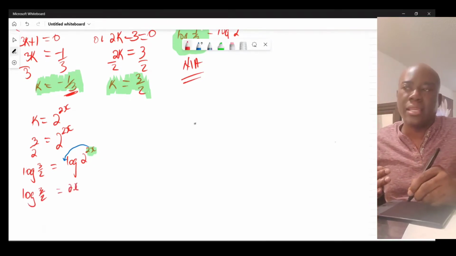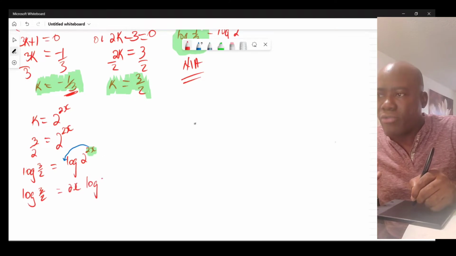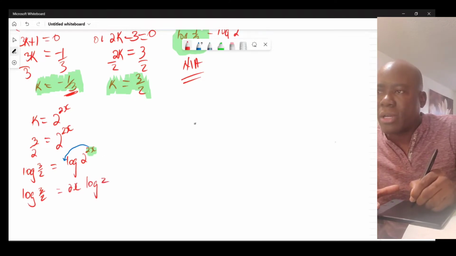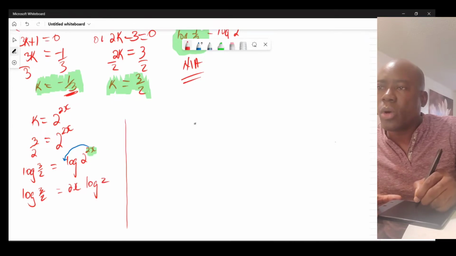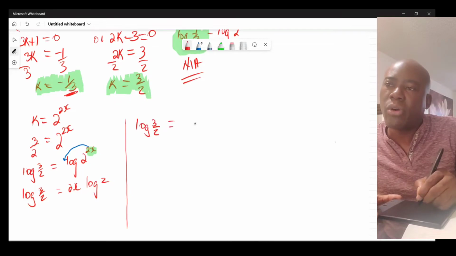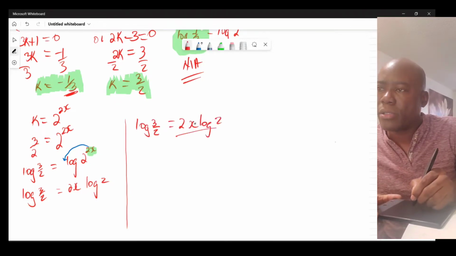Now if you look at this, I'm almost done. I can find x right now. Let's look, log of 3 over 2 is equal to 2x log 2. I'm going to divide both sides by 2 log 2. Let me write this better.